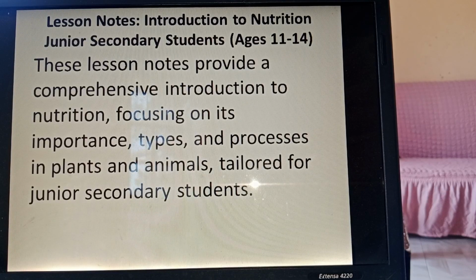So, lesson notes, Introduction to Nutrition, junior secondary students ages 11 to 14. These lesson notes provide a comprehensive introduction to nutrition, focusing on its importance, types, and processes in plants and animals, tailored for junior secondary students.